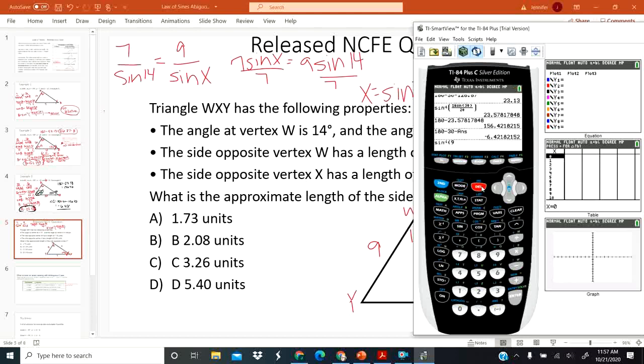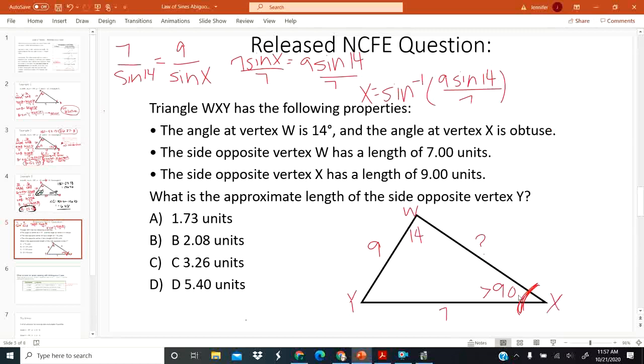There we go. And I would have 9 times sine of 14 degrees divided by 7. And that's going to equal 18.12 degrees.